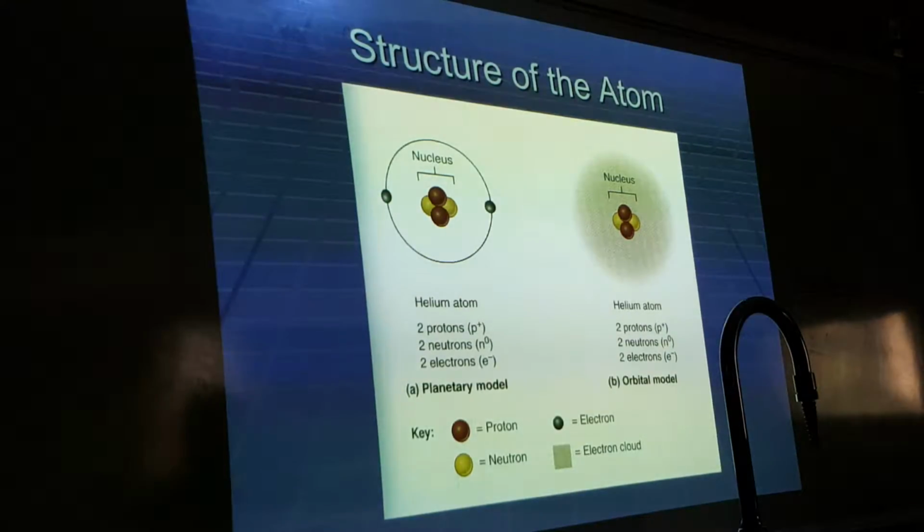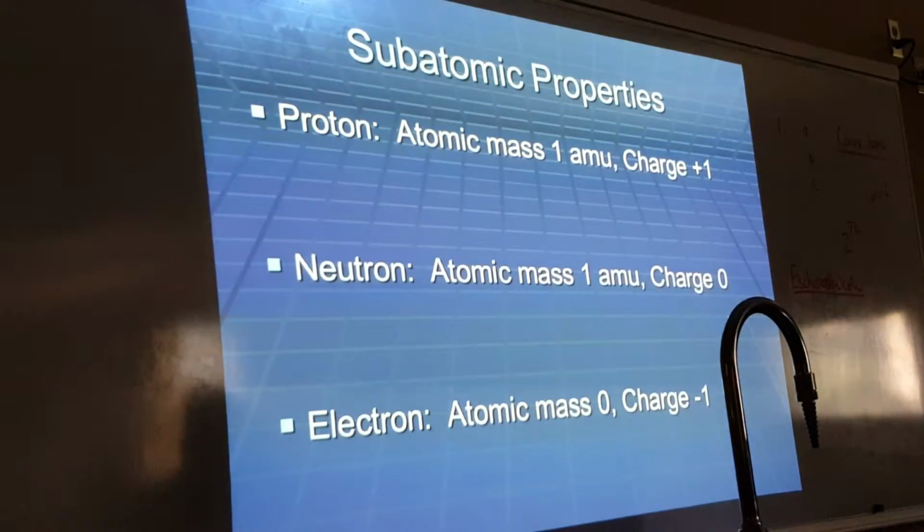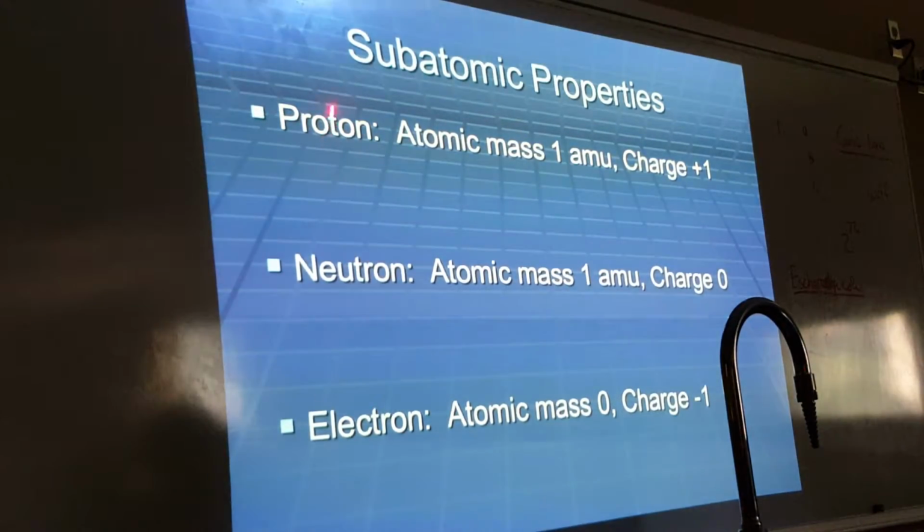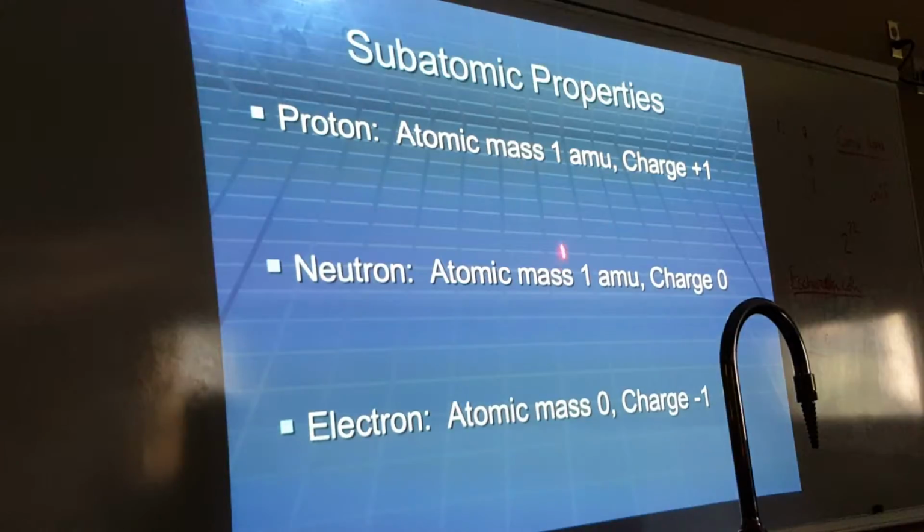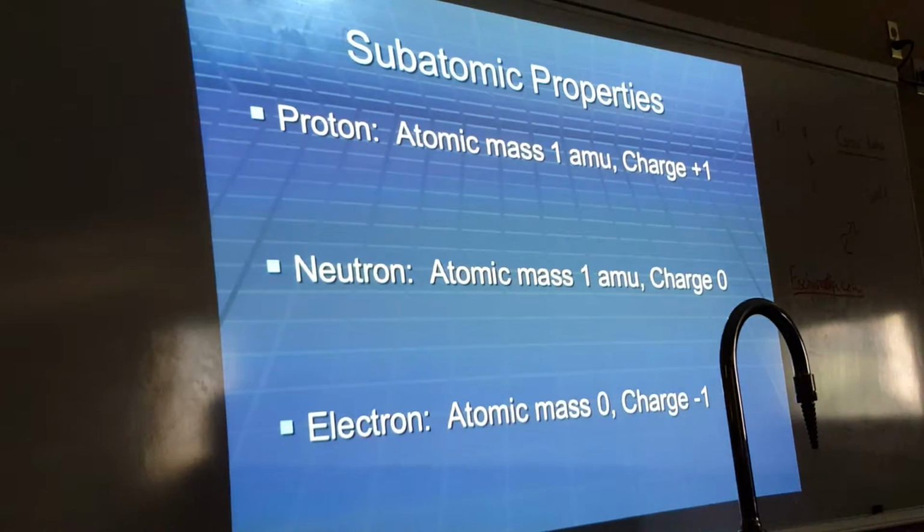So next slide. This is a little bit of information about protons, neutrons, and electrons. Protons and neutrons have a mass of 1 atomic mass unit. Okay? And that's just about the smallest amount of mass you can have. Not quite, but almost. And these atoms, the human brain really hasn't evolved to the point where it can wrap itself around atoms, the structure of the atom and the structure of molecules.